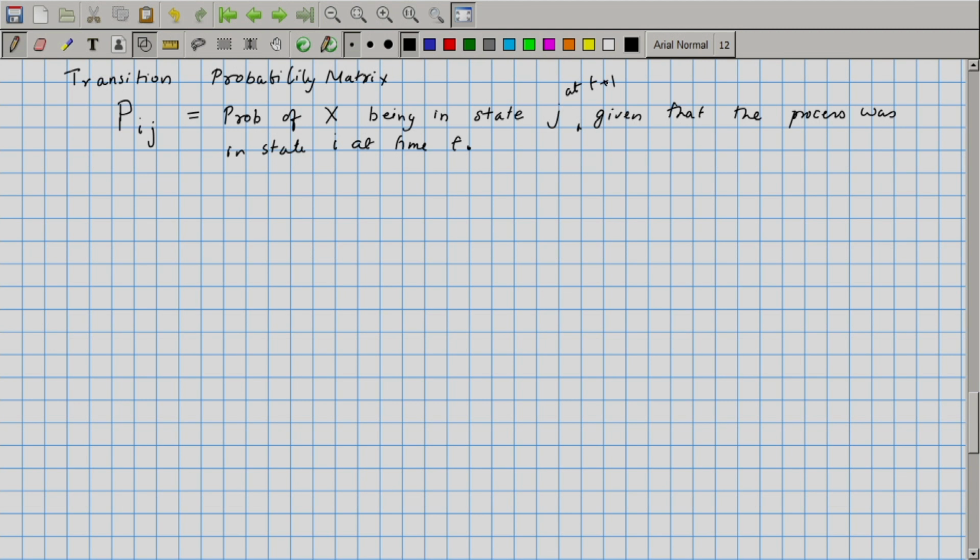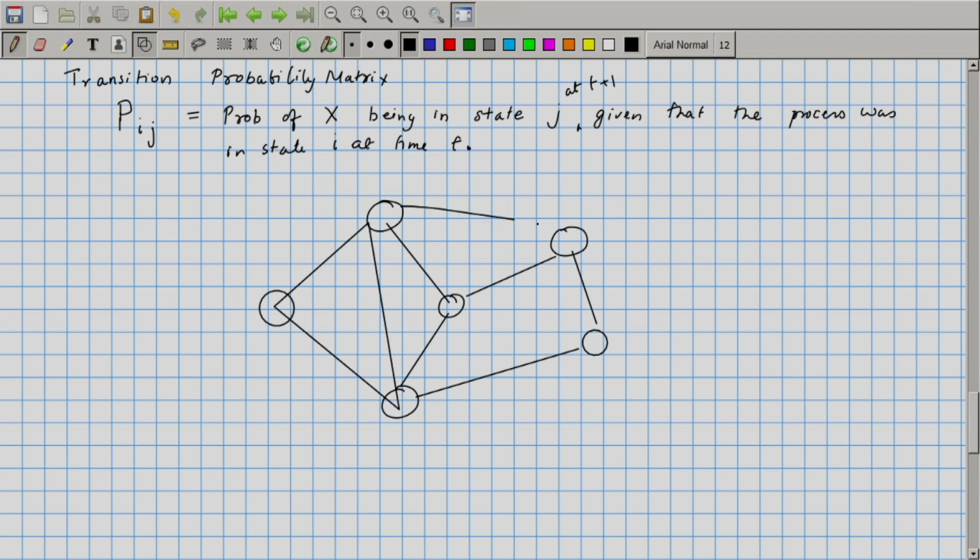Okay. So, let us see an example of a Markov chain. We can imagine a random walk on a graph. Okay. So, let us imagine this graph. These are the states 1, 2, 3, 4, 5, 6. So, there are 6 possible states that the random walk could be in.